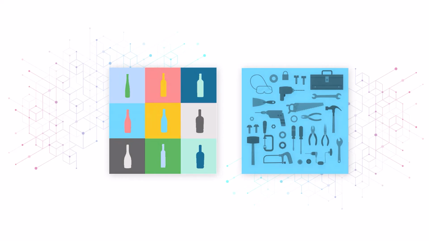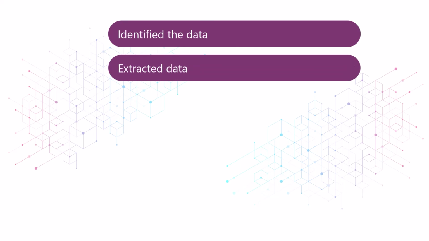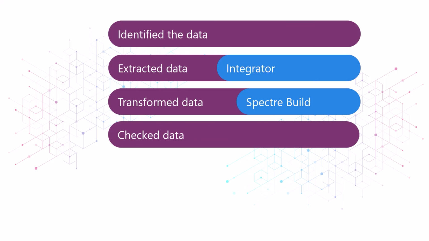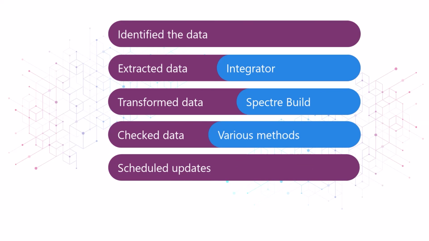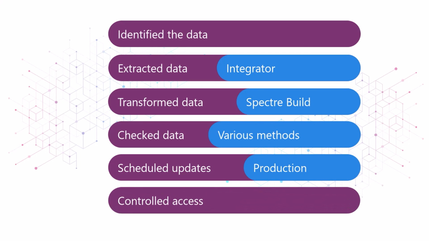In this scenario, we identified the data we wanted to use in ProDiver, DivePort, and DiveTab, extracted the data using Integrator, transformed the data into a columnar database, or CBase, using Spectre Build, checked the data in the CBase using various methods, set up a script to update the CBase at regular intervals using production, and controlled access to the CBase using the server settings and project settings.